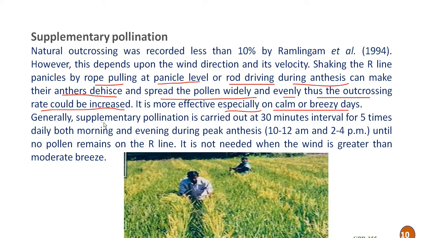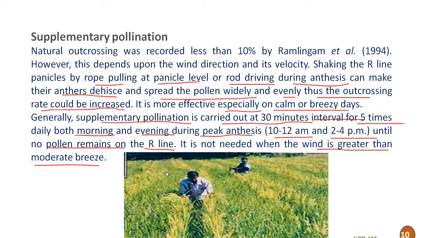Generally, the supplementary pollination is carried out at 30 minute intervals, 5 times daily, both morning and evening, during the peak anthesis time, that is 10 to 12 am and 2 to 4 pm, until no pollen remains on the R line, and it is not needed when the wind is greater than a moderate breeze. So this supplementary pollination is needed when it is calm or there is less wind.